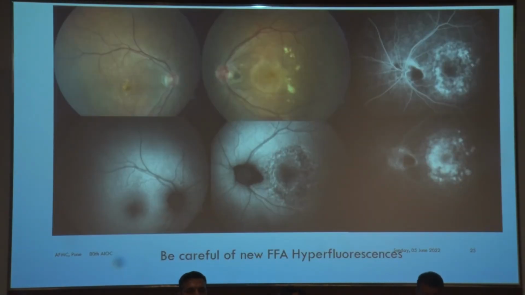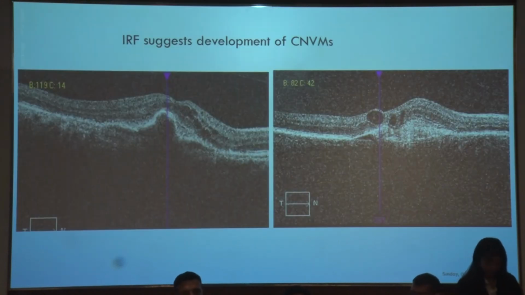Also, if there is any occurrence of new hyperfluorescences, as this photo demonstrates, we should consider CNVM, because we should not confuse this with multifocal CSR, as there may be CNVM happening simultaneously in these cases.